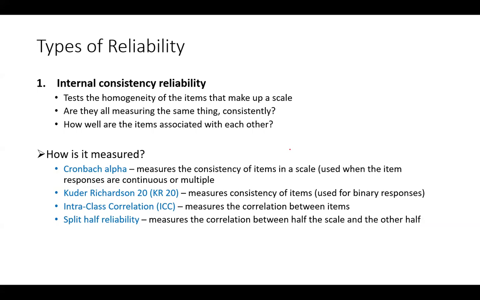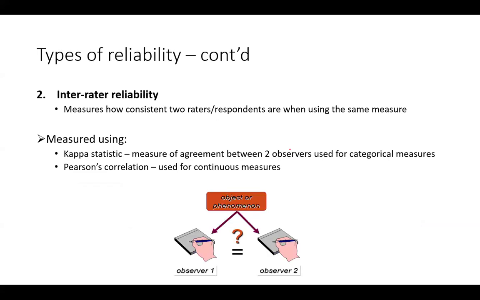A correlation close to 1 would indicate a scale with good internal consistency. Inter-rater reliability is how consistent the data are between raters. So how do I do it? Usually, when you collect your data in any type of study, you can check the internal consistency of the scale that you have used.